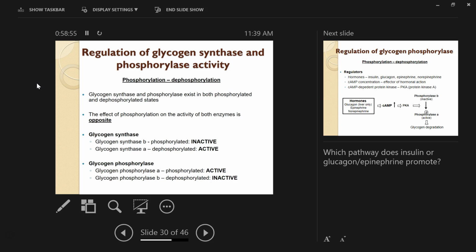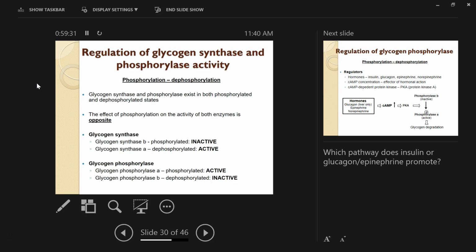The cyclic AMP level regulates enzyme activity, so downstream of cyclic AMP is phosphorylation or dephosphorylation. In other words, increased cyclic AMP levels can either dephosphorylate or phosphorylate the enzyme, and then regulate its activity. We talked about earlier that phosphorylation is adding a phosphate group to the protein, or removing the phosphate group from the protein.